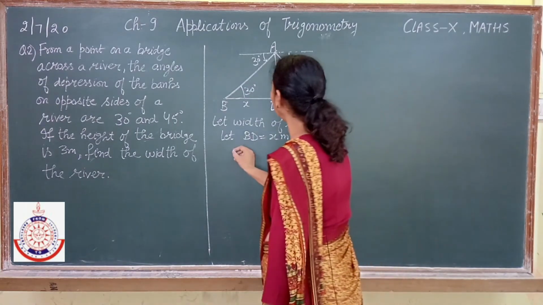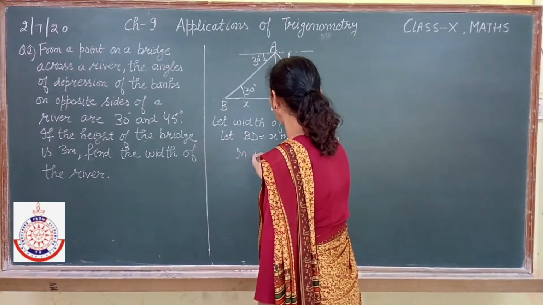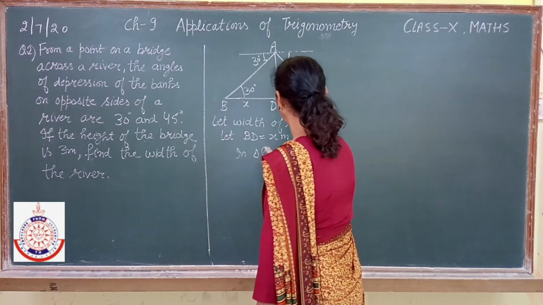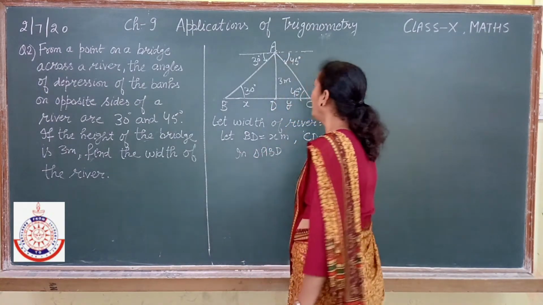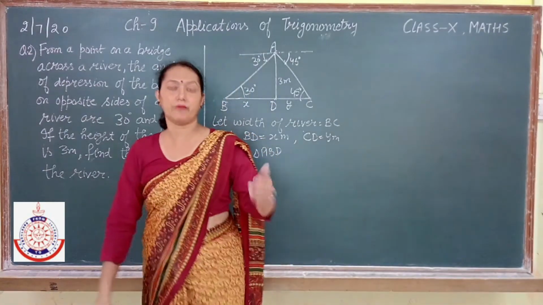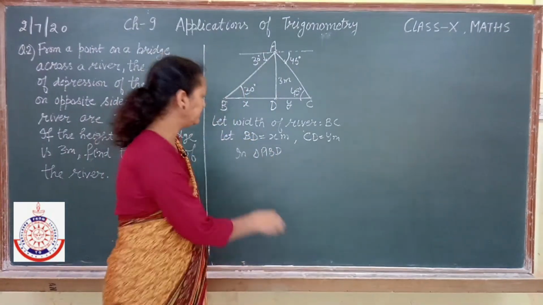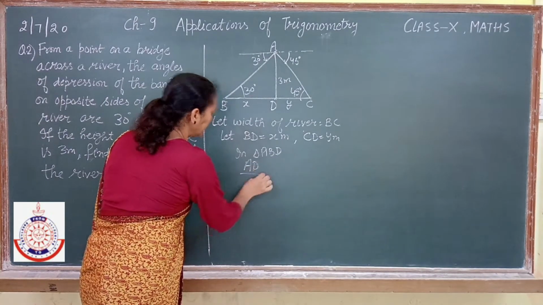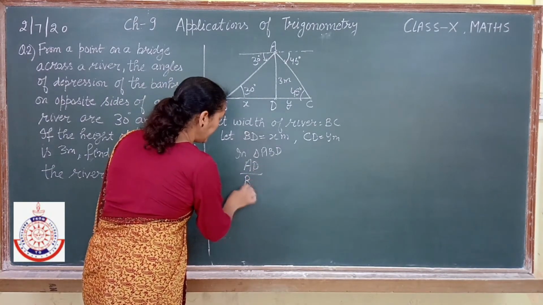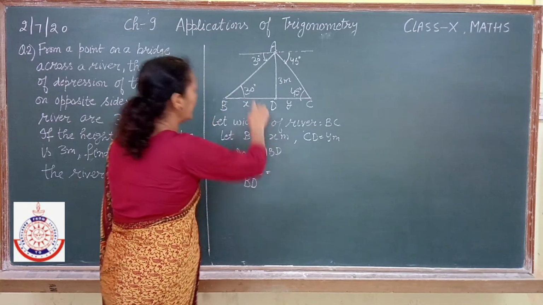Now if we take triangle ABD, what is the height? Height, the perpendicular, is 3 meter, AD. Upon base, which is BD, angle is 30 degree.